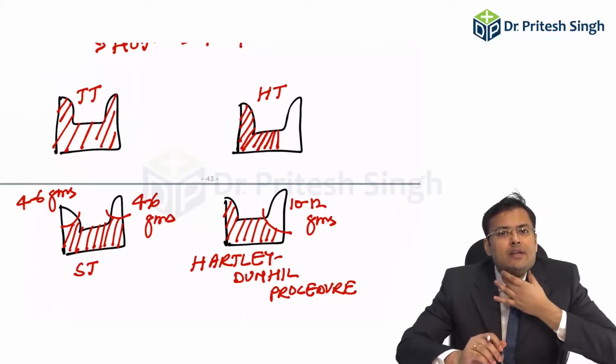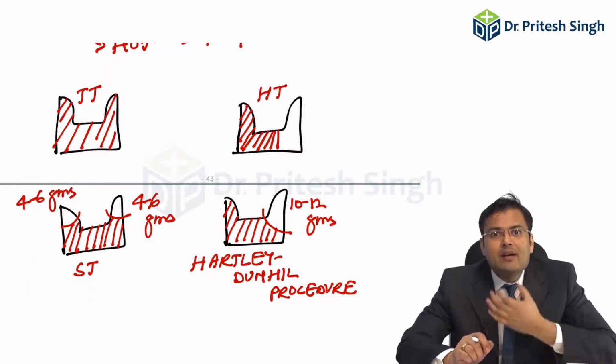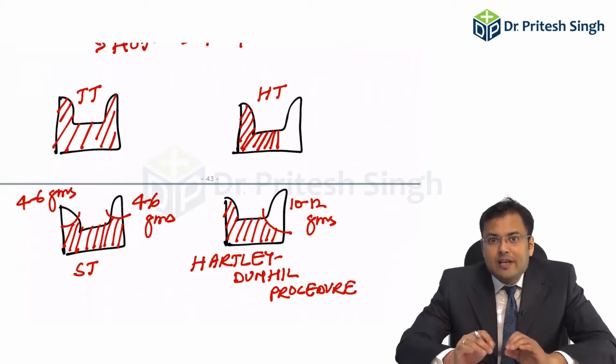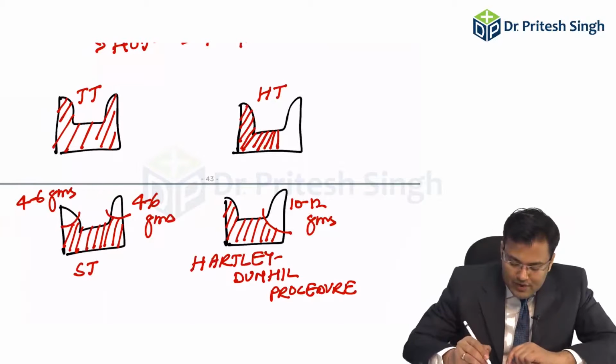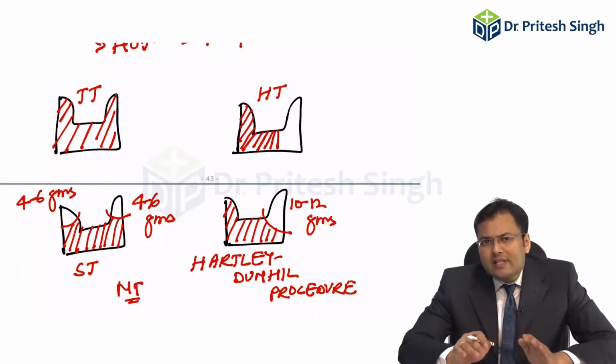And what is near total thyroidectomy? Leaving a small remnant of thyroid tissue in the tracheoesophageal groove, and that is near total thyroidectomy. So these are the types of thyroidectomy.